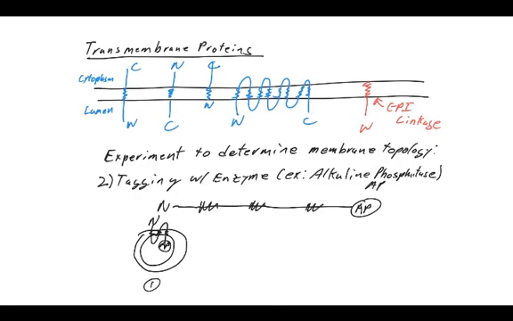Scenario 2, I'll just make it a different color to make it clear, is that the amino terminus is on the inside, and it loops back and forth 3 times because there's 3 transmembrane domains, and the alkaline phosphatase ends up on the outside. So these are 2 possible topologies of this 3 transmembrane domain protein. However, in scenario 1, the alkaline phosphatase is inside the vesicle.